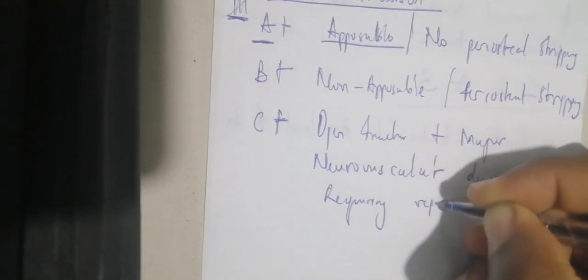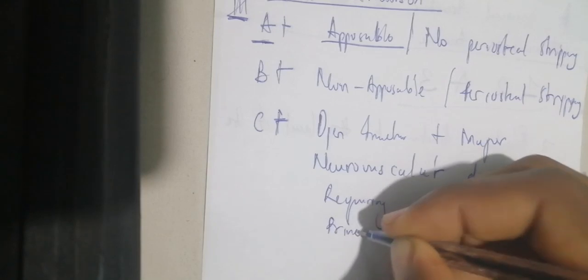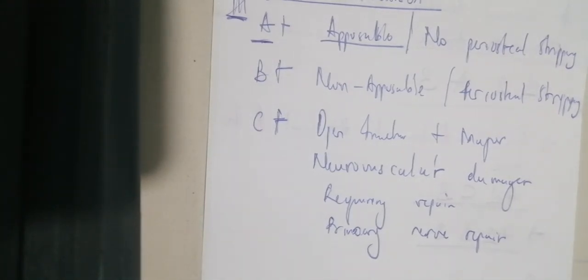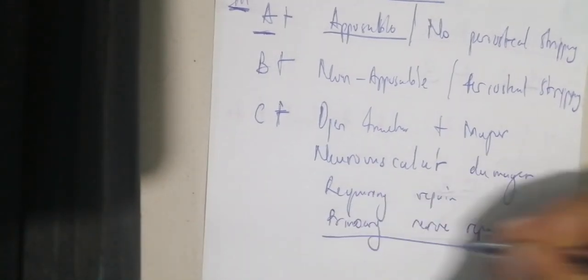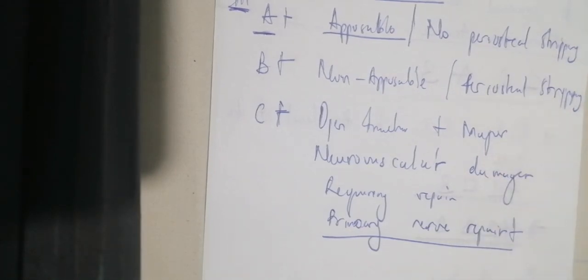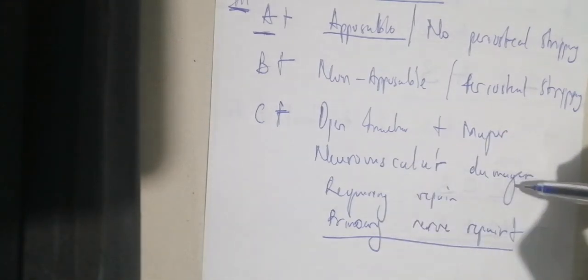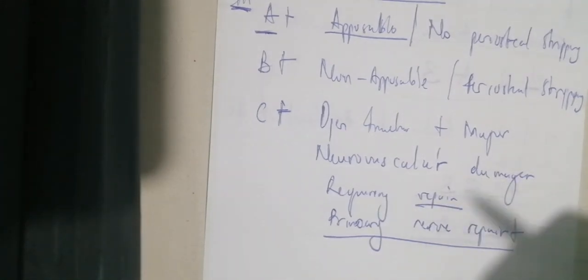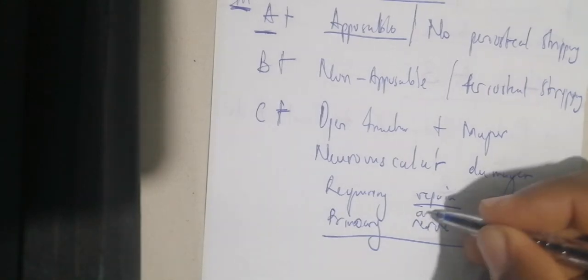That repair is called a primary nerve repair, where you come and oppose the two nerves together. Is it clear? It is called a primary nerve repair or a primary vascular repair. So if a patient has an open fracture with a major neurovascular damage requiring repair or surgery, that's a primary nerve repair or primary artery repair, it is going to be the Gustilo-Anderson 3C. I hope you're understanding.